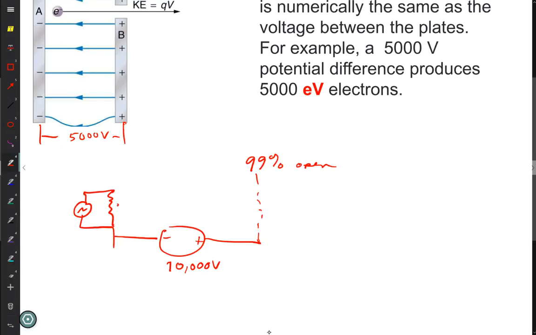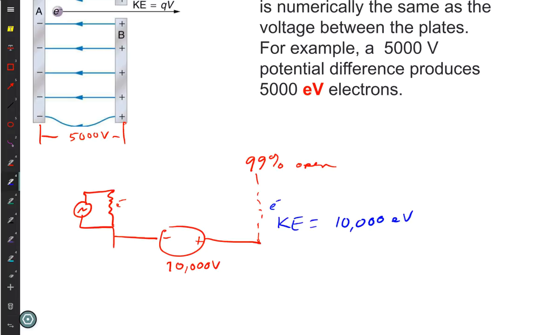So what's the electron that comes off of here going to do? It's going to go screaming toward the positive charge. And because that's mostly open space, the electron's going to come out here with the kinetic energy equal to 10,000 electron volts, plus or minus about 7 volts. That 7 volts doesn't really matter if you're at 10,000, right? And so you have the electrons all coming with the same energy, and then you're shooting that at a screen.